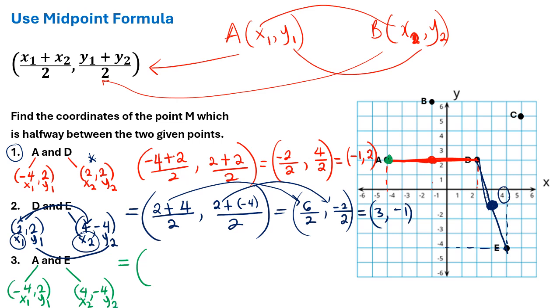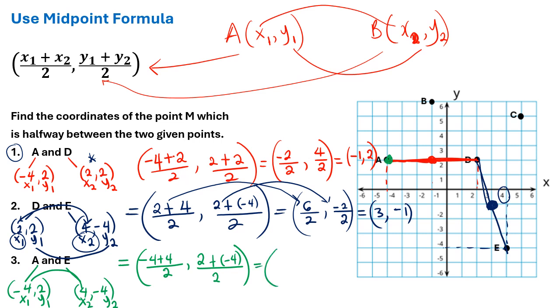Now adding these numbers together, it will be -4 plus 4, and then we're going to divide by 2, looking at the average of these two coordinates. Then for the y, we're going to add 2 plus -4. That's y subscript 1 plus y subscript 2.